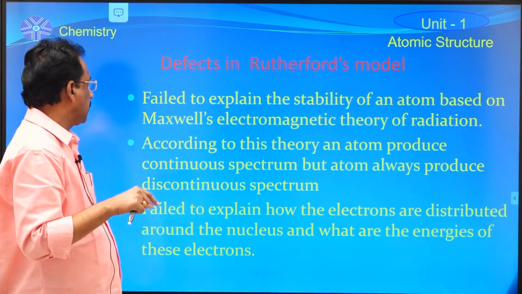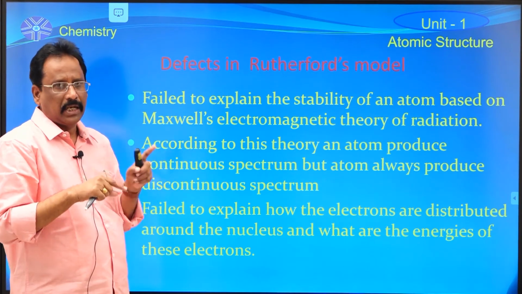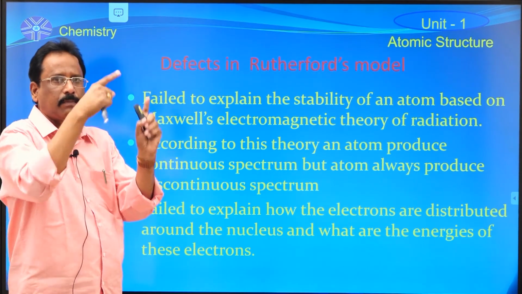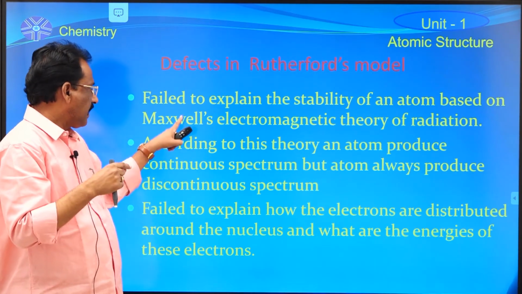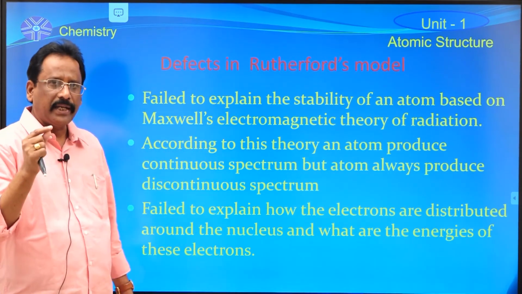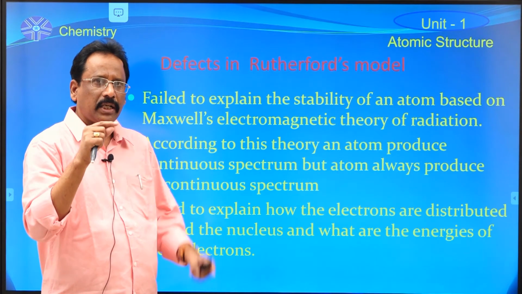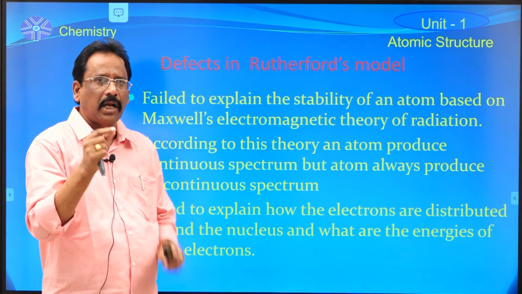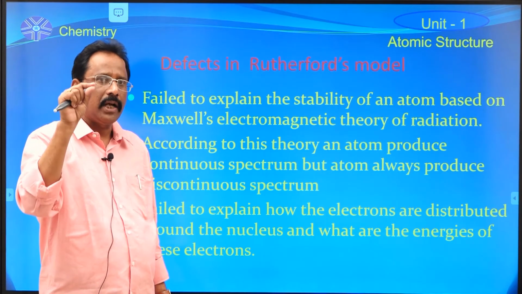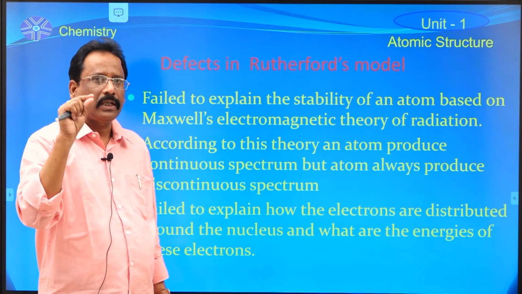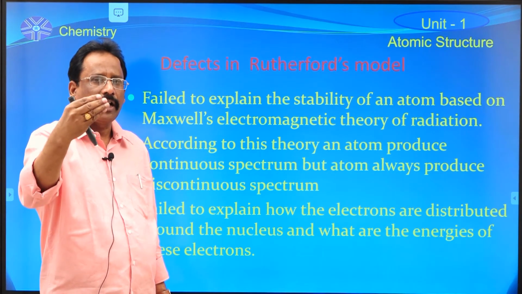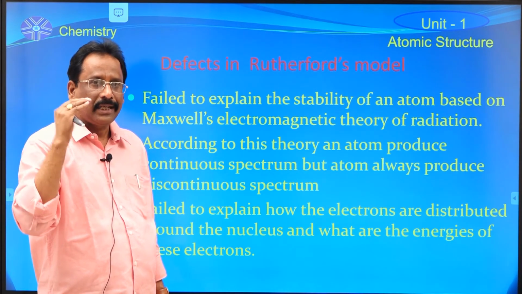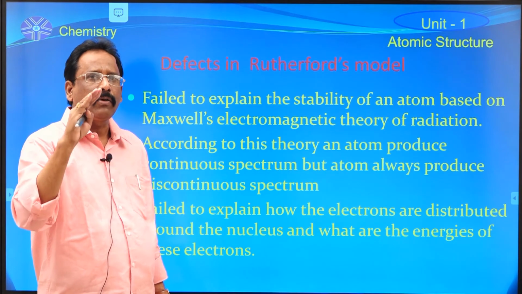Here the charged particle is the electron. It also revolves around the nucleus in a circular path. That's why, based on Maxwell's electromagnetic theory of radiation, every revolving charged particle like an electron loses its energy continuously, and at a particular time that electron may fall into the nucleus. At that time, the atom will collapse.